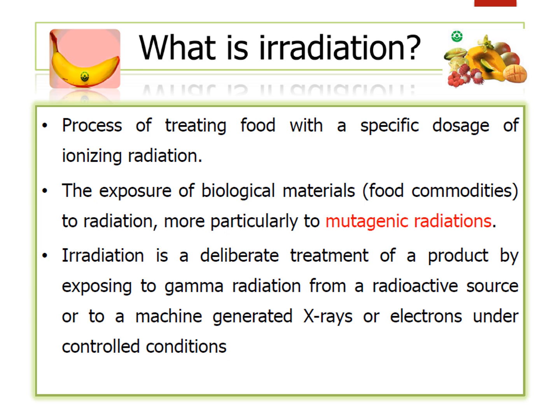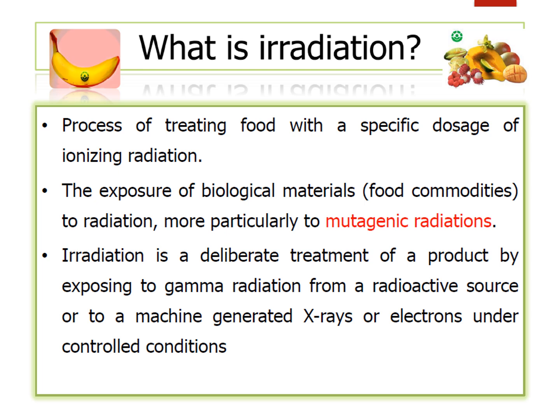Like pasteurizing milk and canning fruits and vegetables, irradiation can make food safer for consumers. It is the process of treating food with a specific dosage of ionizing radiation. What is ionizing radiation?